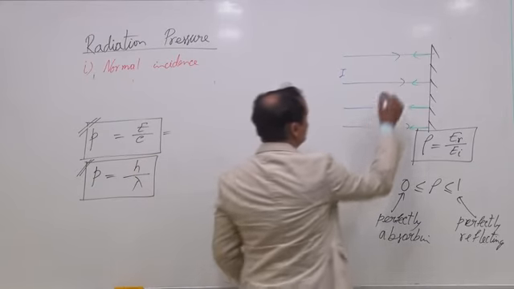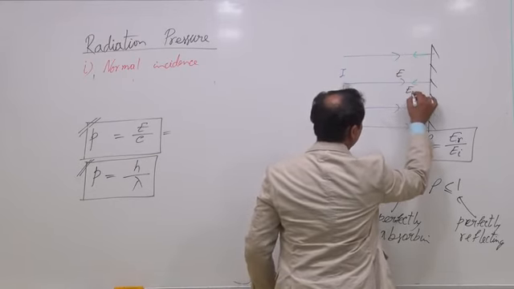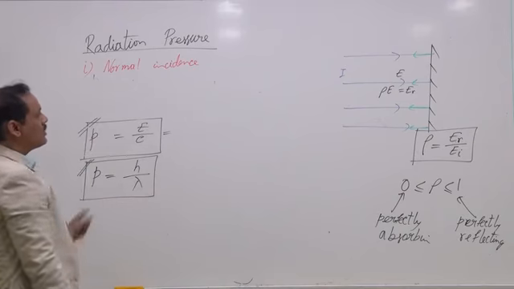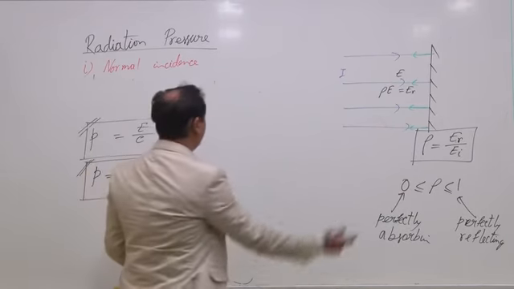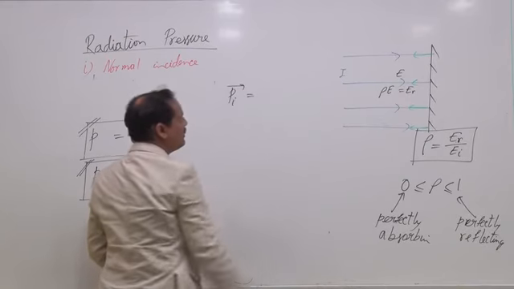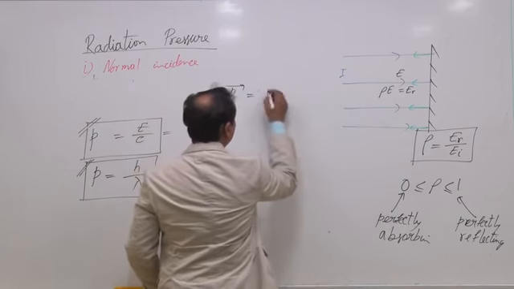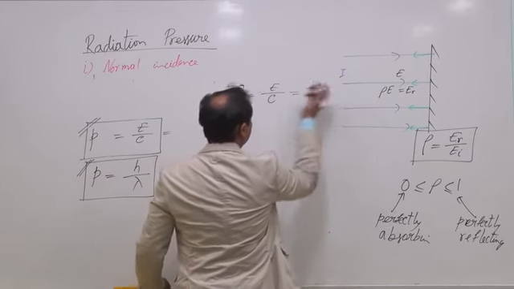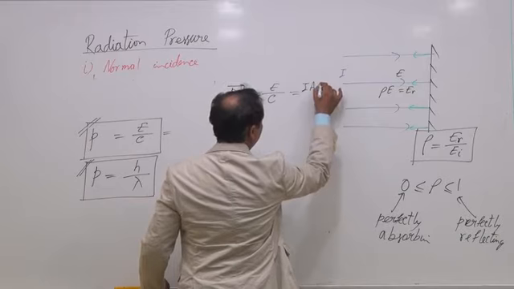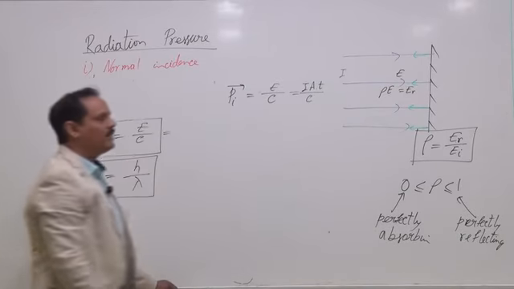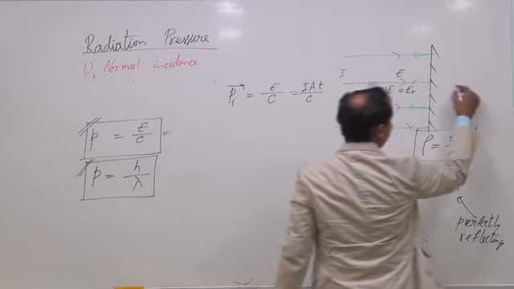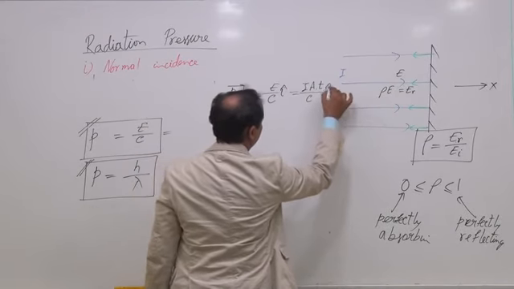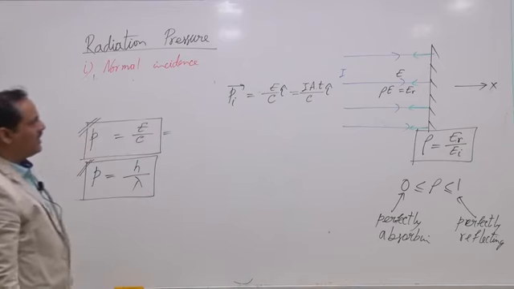Let me say incident energy is E and reflected energy ER can be written as rho into E. So the momentum of incident light, Pi, is equal to E by C. E is nothing but intensity into area into time, so E is IAT by C. As we consider this direction to be the x-axis, in vector form we can write incident momentum as IAT by C i cap.